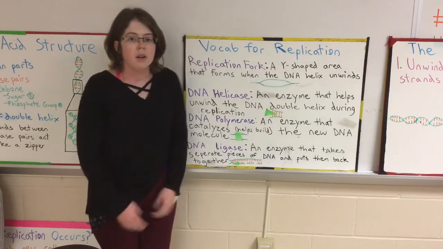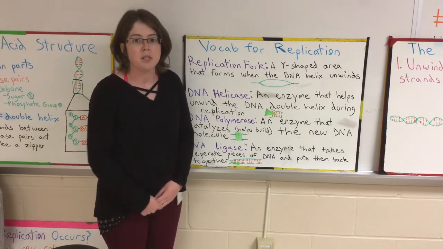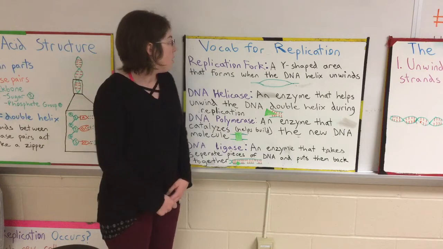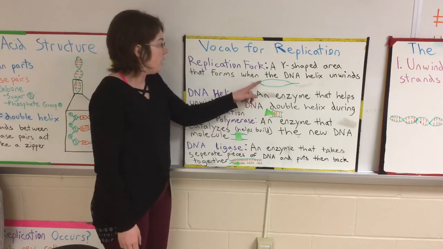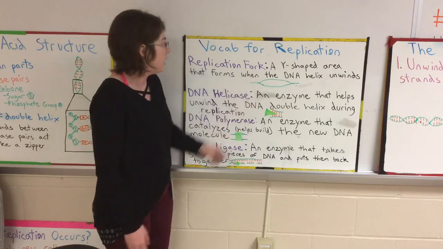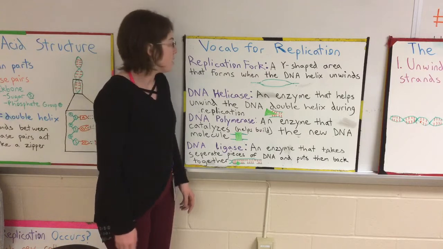So, for replication, there's a few vocab terms that you guys will need to know. First is called the replication fork, which is a Y-shaped area, as you can see right there, that forms when the DNA helix unwinds.